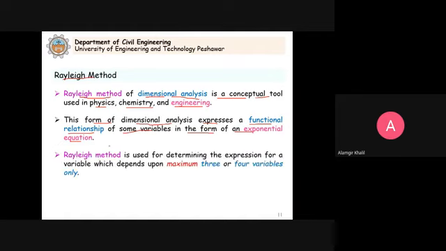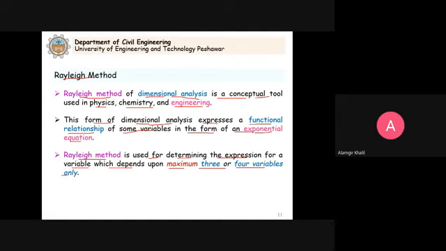In the Rayleigh method, we express the variables in the form of an exponential equation, and then we solve and calculate the values of those exponents. I will explain the procedure in detail and we will solve a problem. The Rayleigh method is used for determining the expression for a variable which depends upon a maximum of 3 or 4 variables only.